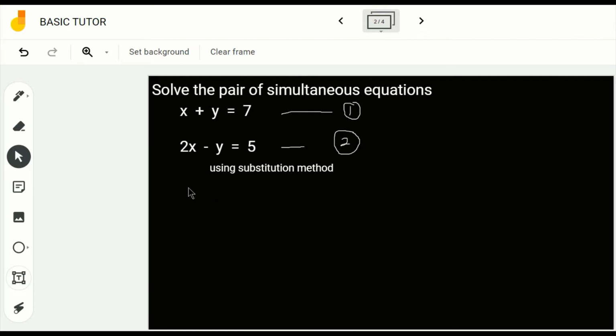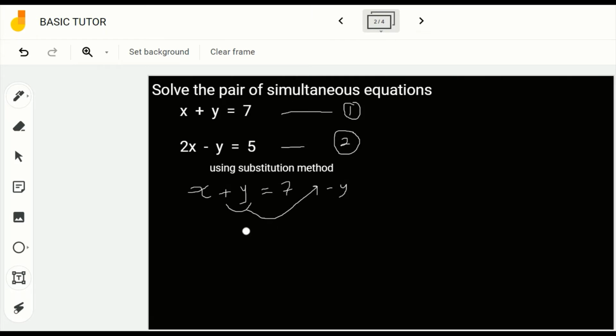Equation 1, I have x plus y is equal to 7. Now I want to make x the subject of this equation, so therefore I will move my plus y to my right hand side, it becomes negative y.